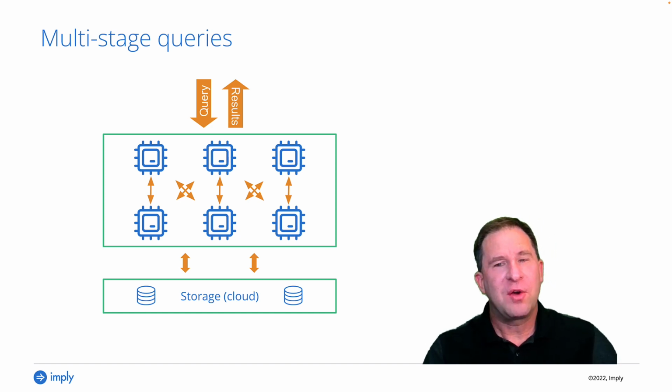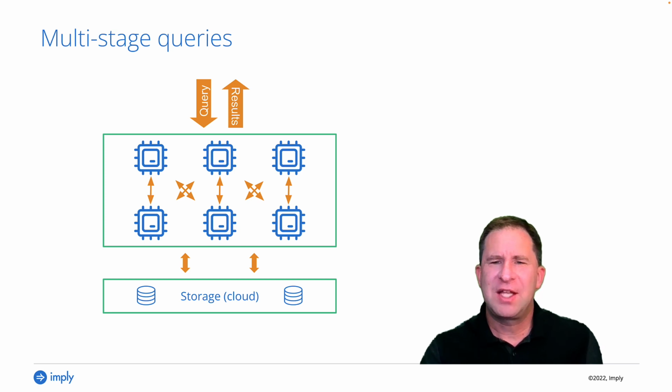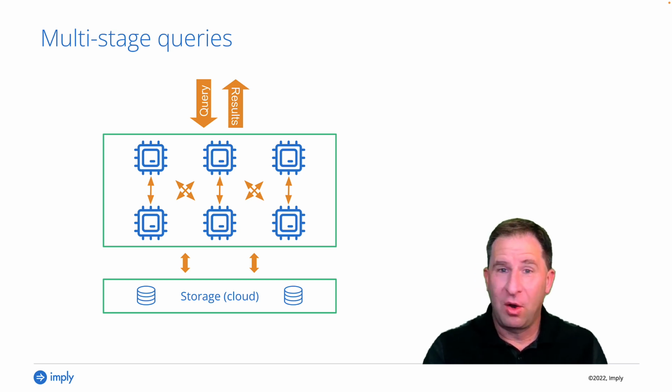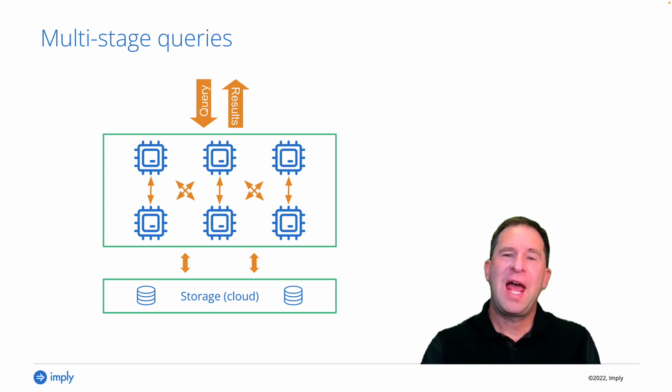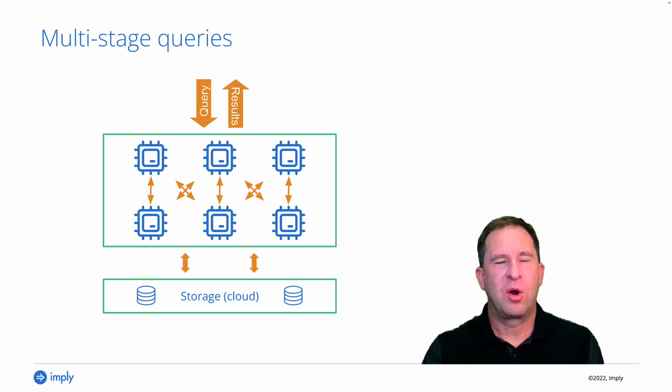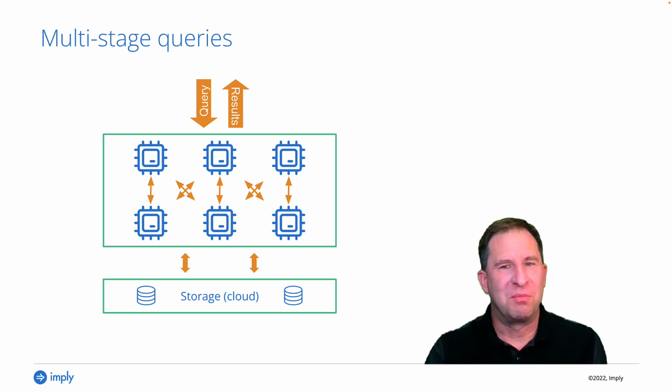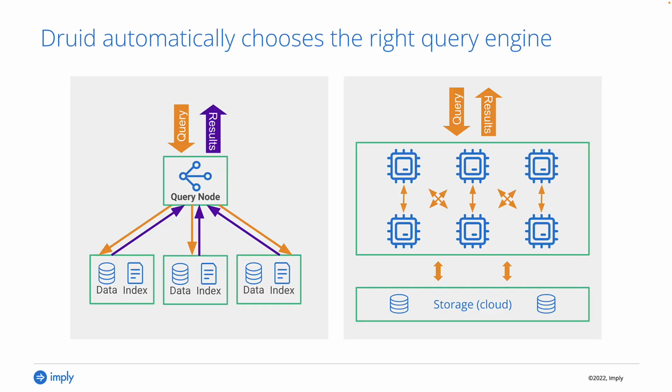MSQE also interacts directly with deep storage. It doesn't require prefetched data, although it can use it. This adds even more flexibility to our already unique storage and compute relationship. In any case, Druid will automatically choose the query engine that is right for the job, giving you the flexibility to handle vastly different queries without giving it a thought.